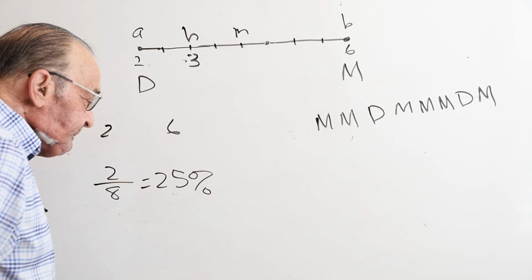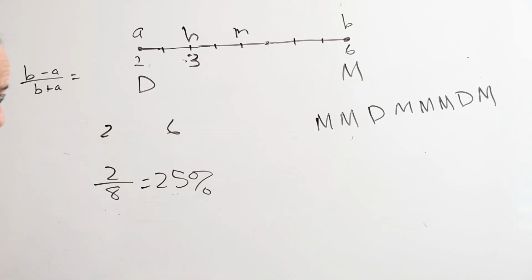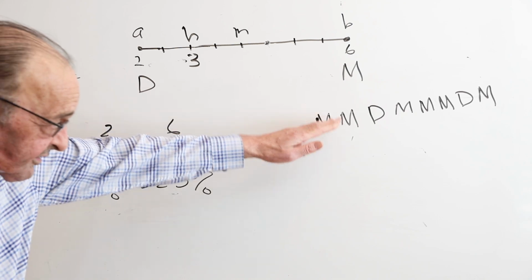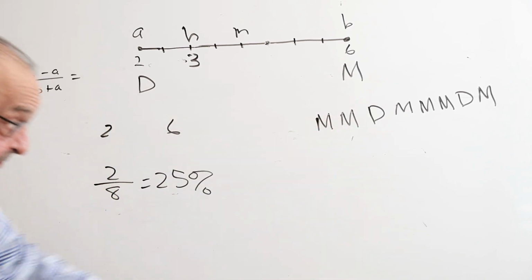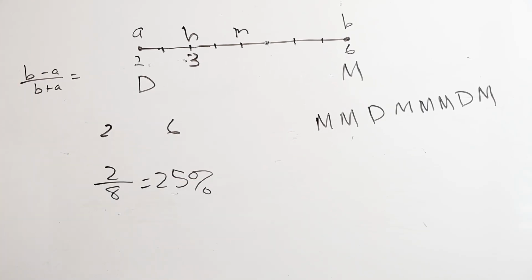If you made a list of all the possible strings like this, Deba would be the first letter 25% of the time. If you made a list of all 28 possible lists, 25% would start with a D. Okay? We're calling all those bad lists, okay?